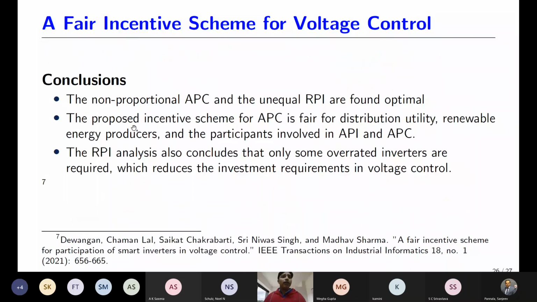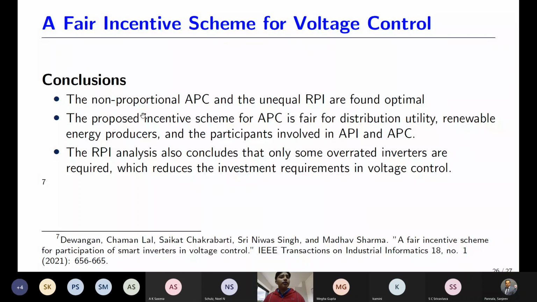So the conclusion of the analysis is that unequal active power curtailment and unequal reactive power injection are found optimal. This analysis shows that only some inverters at the extreme nodes with active power curtailment control or reactive power injection control are sufficient to control the voltage of the system.